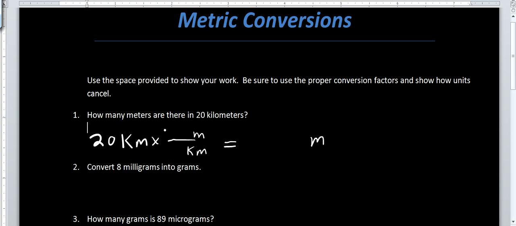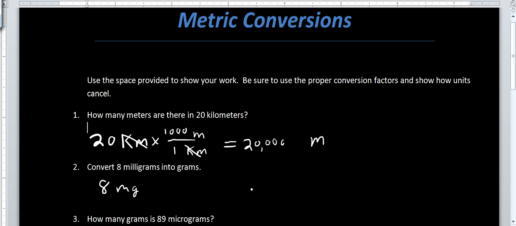And you know that 1,000 meters equals 1 kilometer. Kilometers cancel, and you're left with meters. You multiply 1,000 times 20, and you get 20,000 meters.